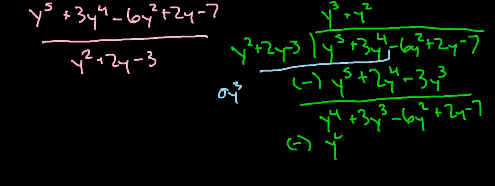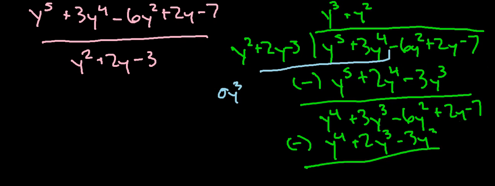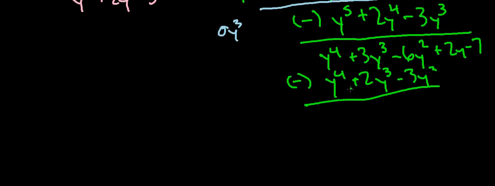So we'll get y to the fourth plus 2y to the third, and then minus 3y squared. Subtract these out. Y to the fourth cancel. We get 1y cubed, and then we have minus 3y squared, so this is going to become a positive, and we'll get minus 3y squared. Now we bring in our other terms, plus 2y minus 7.